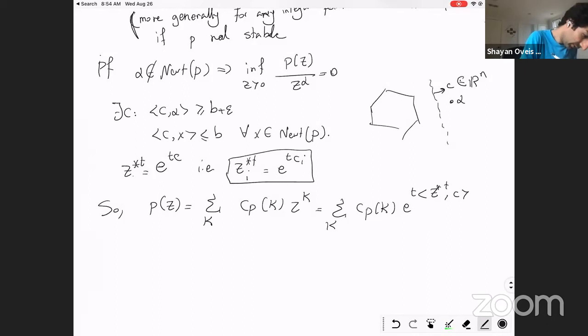What am I doing? I'm not doing this correctly. I want to look at P of z star of t, and this would be z star of t raised to the kappa.